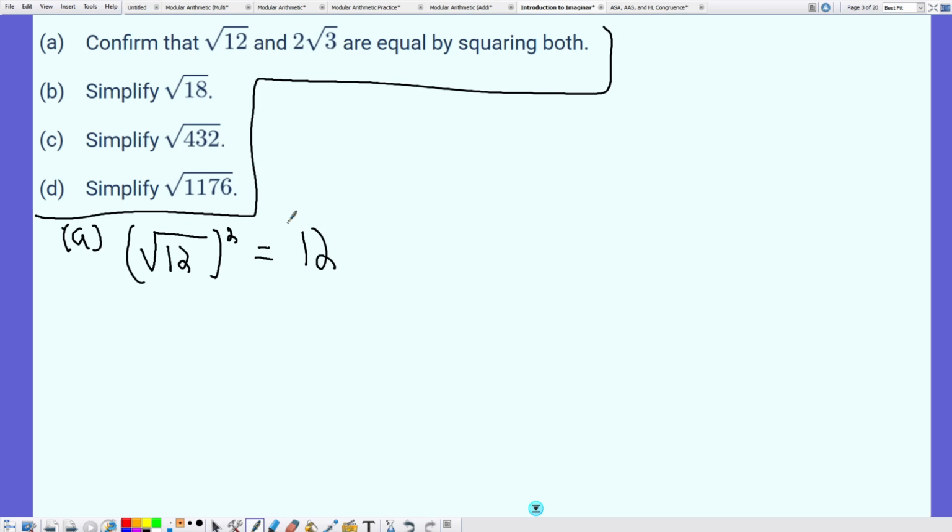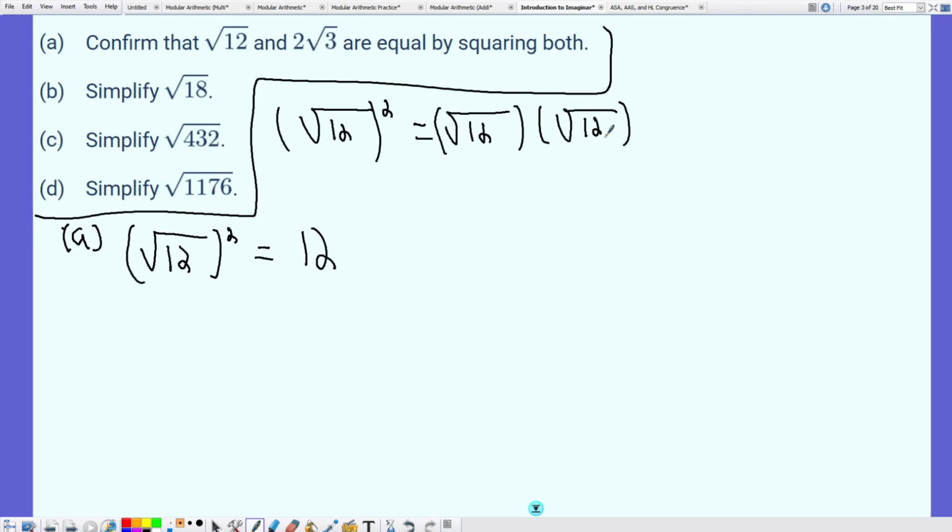Another way we could look at this is by saying, all right, the square root of 12 squared is the square root of 12 times the square root of 12. And the way this square root multiplication works is you can just combine them into a single square root, where you have 12 times 12.